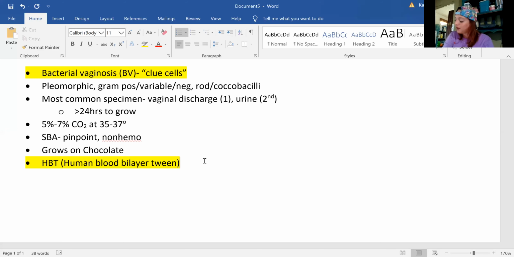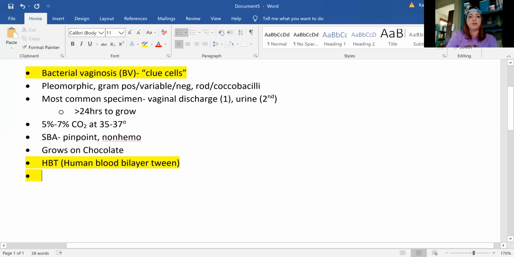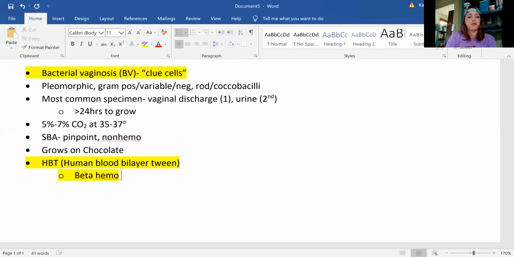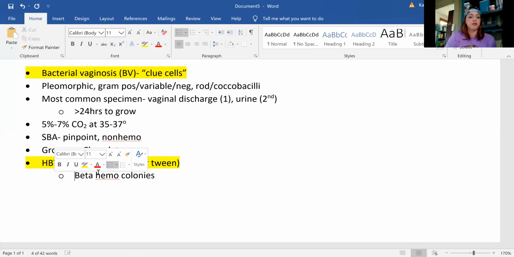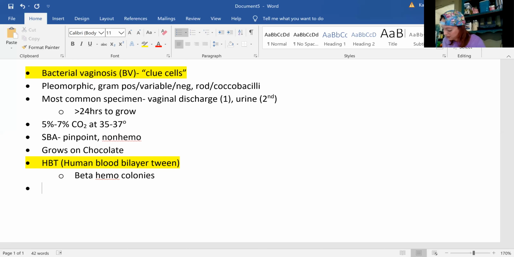So beta hemolytic colonies on HBT. Out of all that, that one's important.